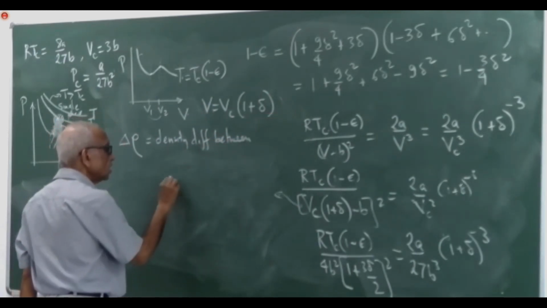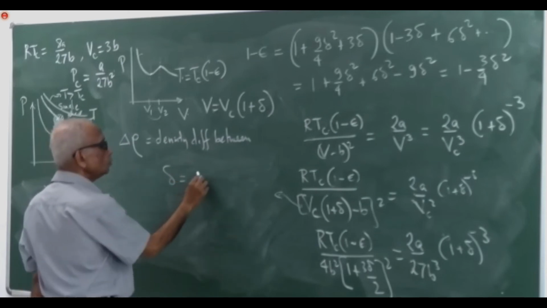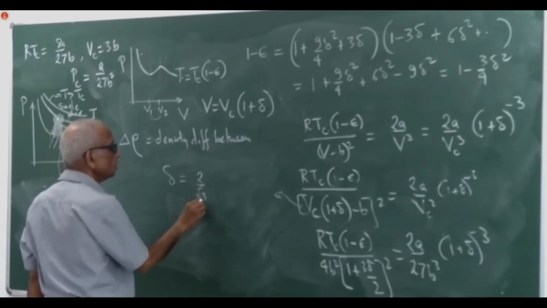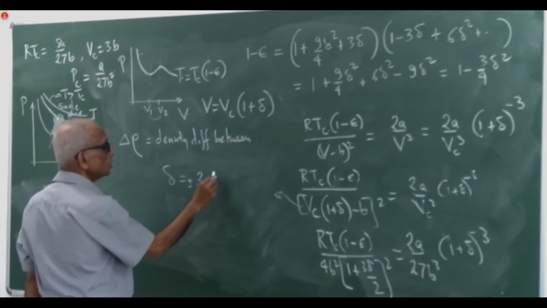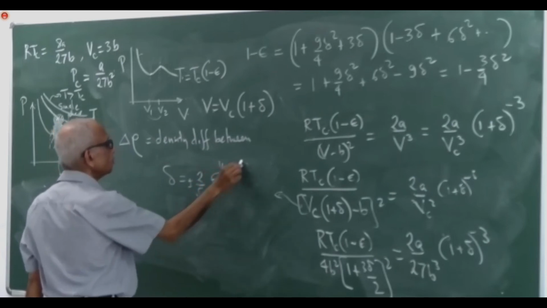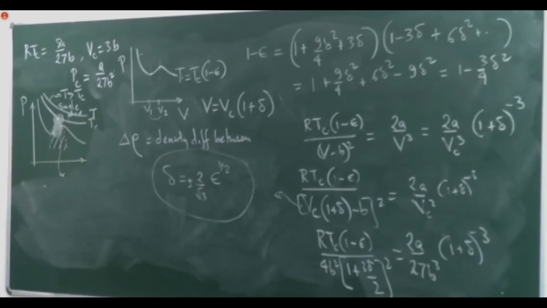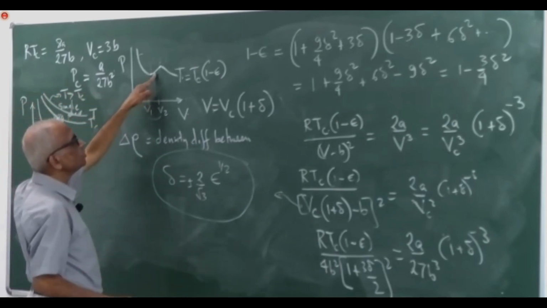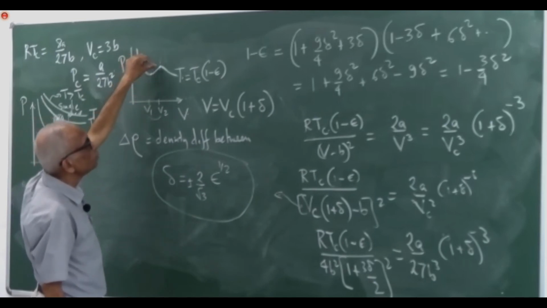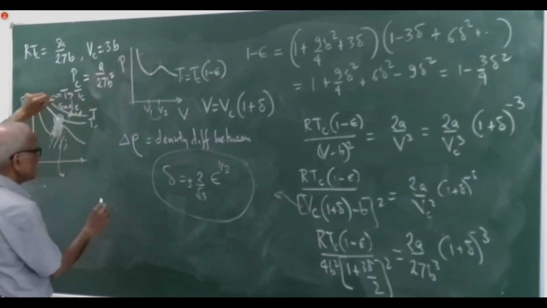So delta is equal to plus or minus 2 by root 3 epsilon to the power half. So that is telling you that here is my Vc somewhere sitting over here, and there is one root which is slightly higher than Vc.